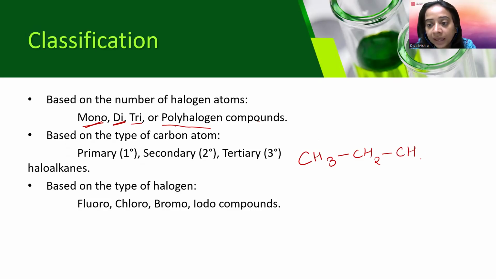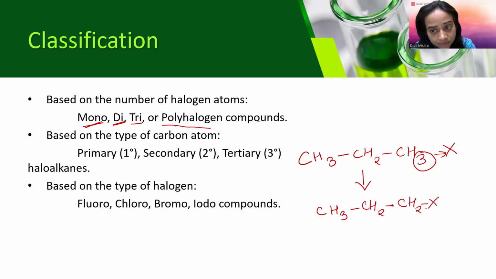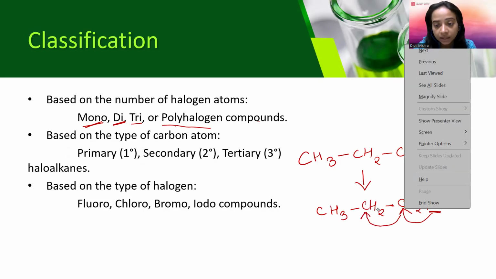In that, we are replacing one hydrogen atom by X. X can be fluorine, chlorine, bromine, or iodine. So the new structure will be CH3, CH2, then CH2X. Here we can see that this X is attached to one carbon atom, and this carbon atom is attached to one other carbon atom.